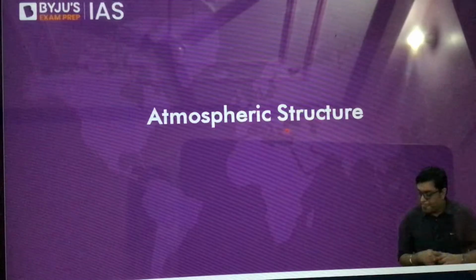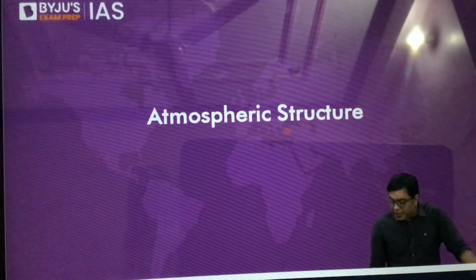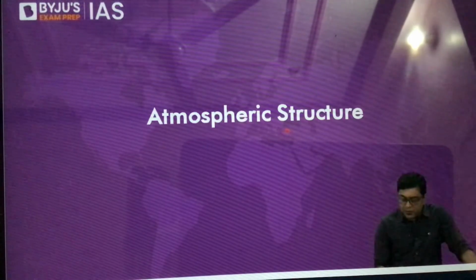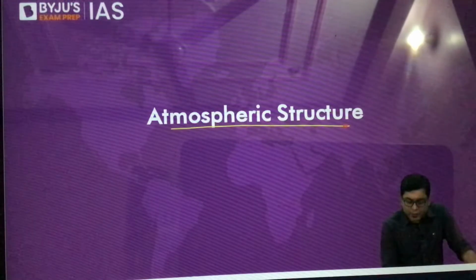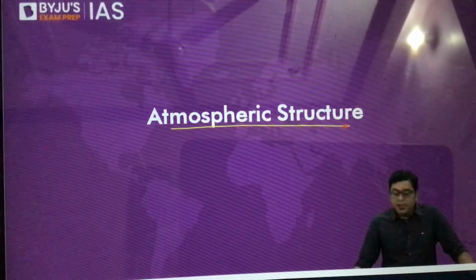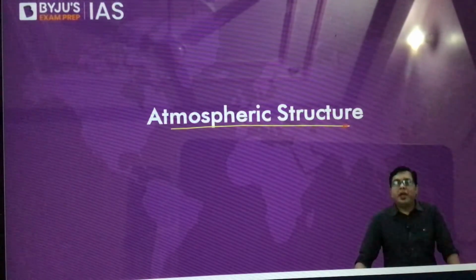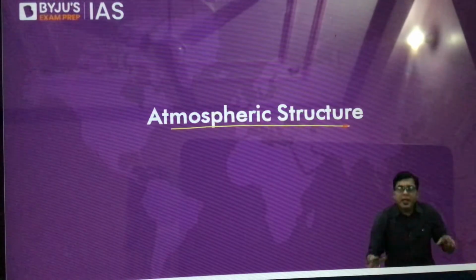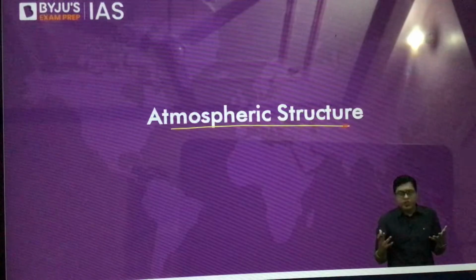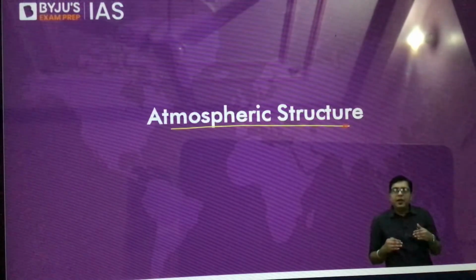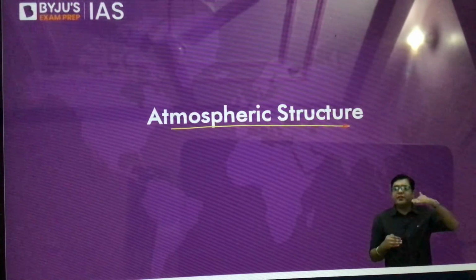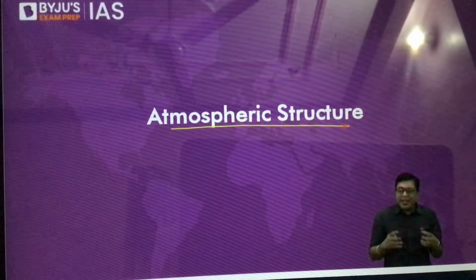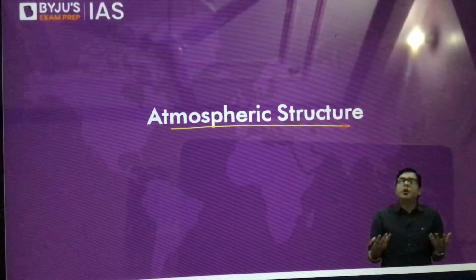Don't worry. Now, when we talk about the aspect of atmospheric structure, this is about the fact that the entirety of the atmosphere is not homogeneous. The atmosphere is divided into various different layers, and these layers have their own individual properties.